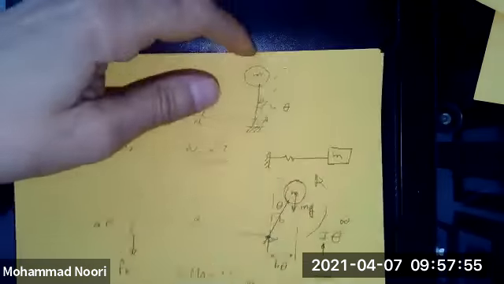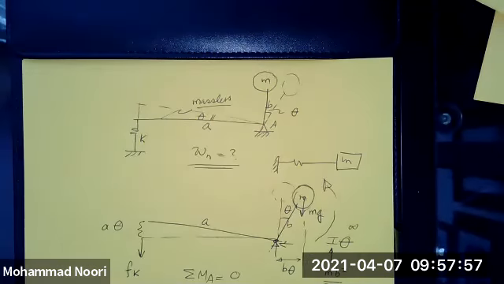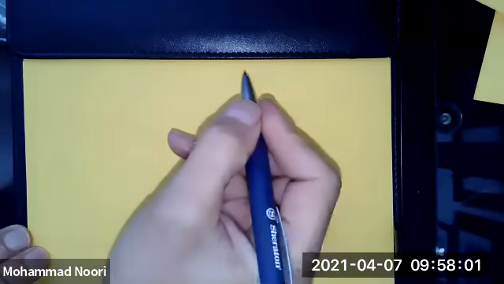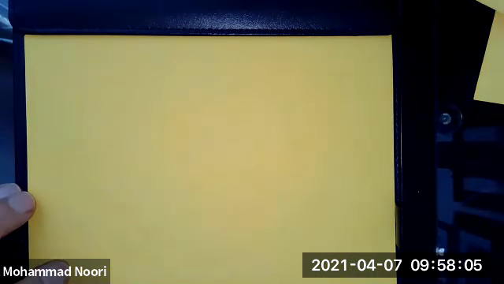So we covered a few example problems using the first approach, which is directly using the second law of mechanics, free body diagram, and setting up the equation of motion.